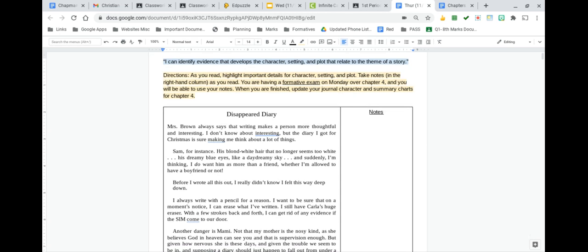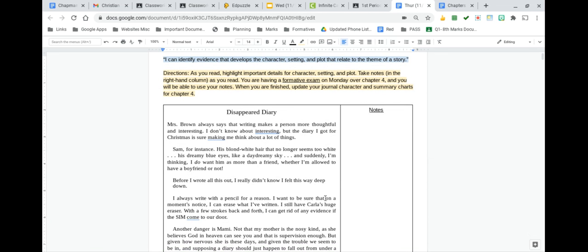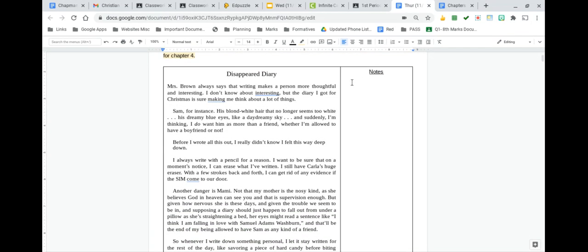So as you can see here, this document is set up just like yesterday's assignment, except in the right-hand corner, instead of having questions, you have a column where you can take notes. So if you want to jot down something about a theme over here, put it right here, okay?